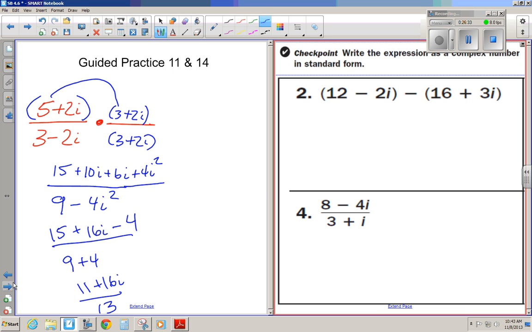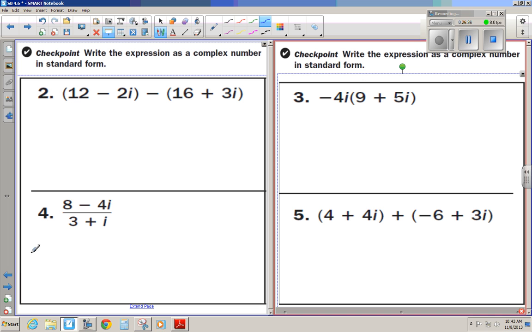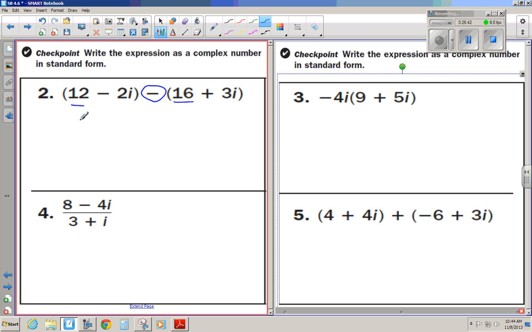Oh, all right, some more for us to do. All right, looking at the real parts, 12 minus 16. Looking at the imaginary part, minus 2i minus positive 3i. So minus 2i minus 3i minus 5i. Let's distribute.